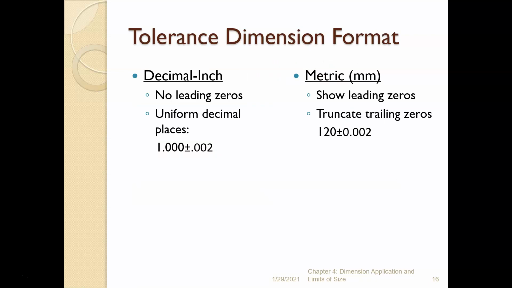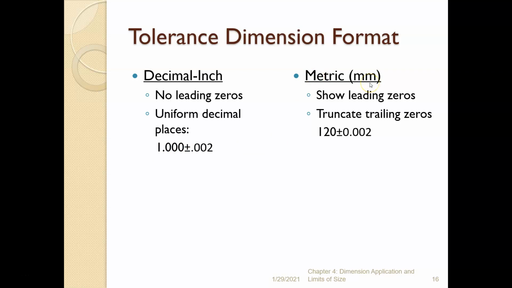All right, so we talked about this in the last chapter, chapter 3. This is a review from earlier classes. Decimal inch tolerances have no leading zeros, and we want uniform dimensional placement. That is to say, if we have 3 decimal places in the tolerance here, we want 3 decimal places in the basic size.